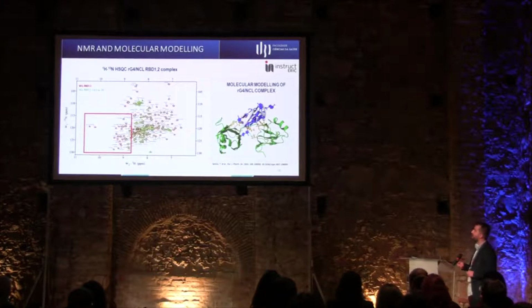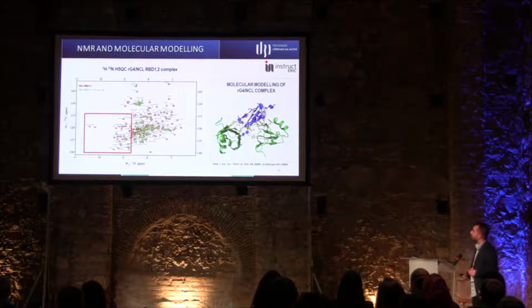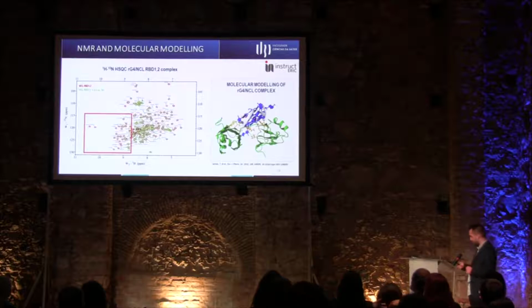Interestingly, the most affected signals are those that point to the linker between domains 1 and 2, or even in the linker. This is because the residues of the linker are positively charged and possibly interact with the backbone of the G-quadruplex, which has a negative charge.